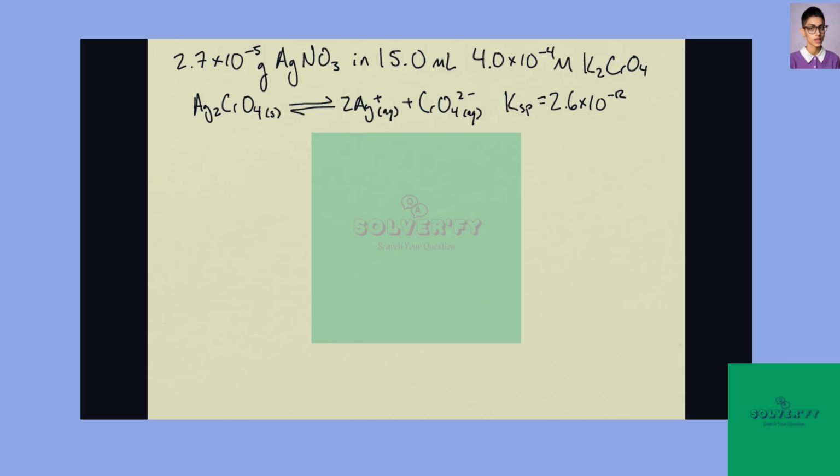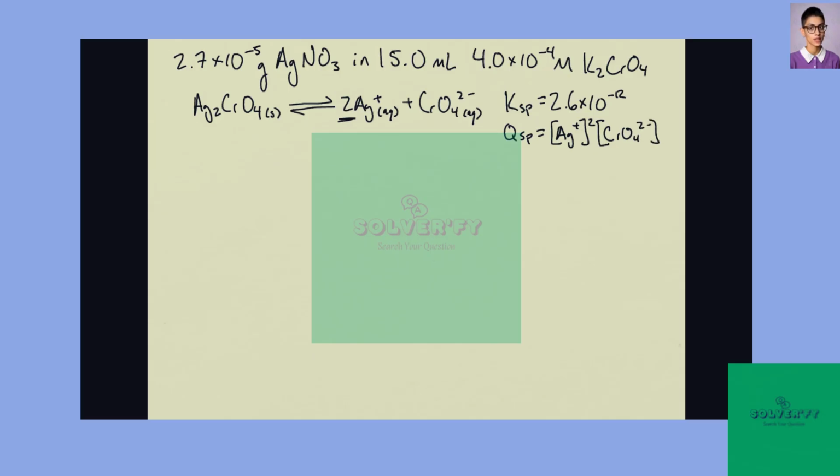And our QSP expression for this is the concentration of Ag+ to the second power, because of the coefficient of 2 in front of Ag+, multiplied by the concentration of CrO4 2-.